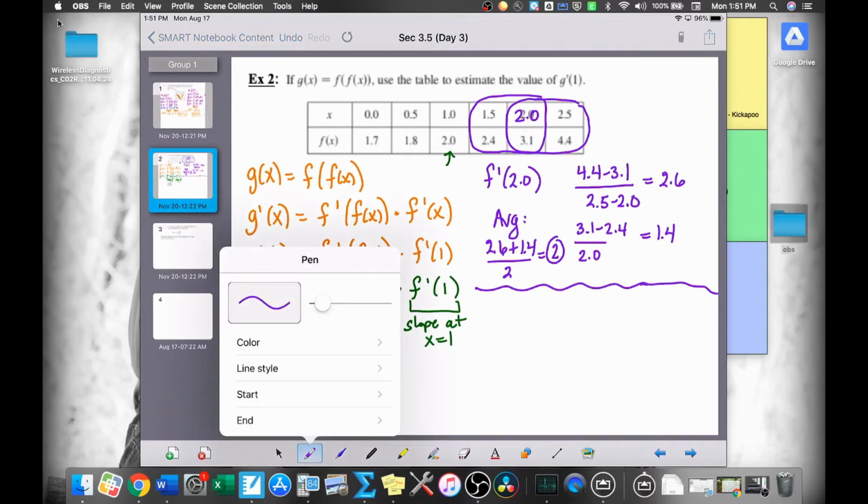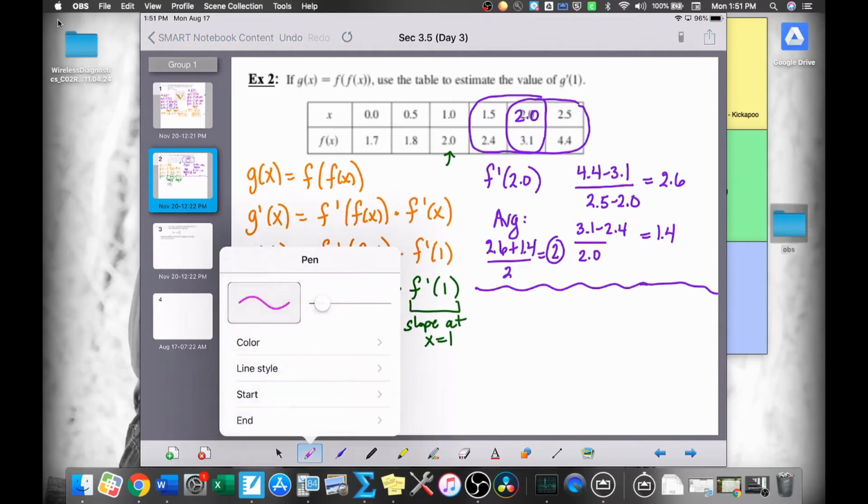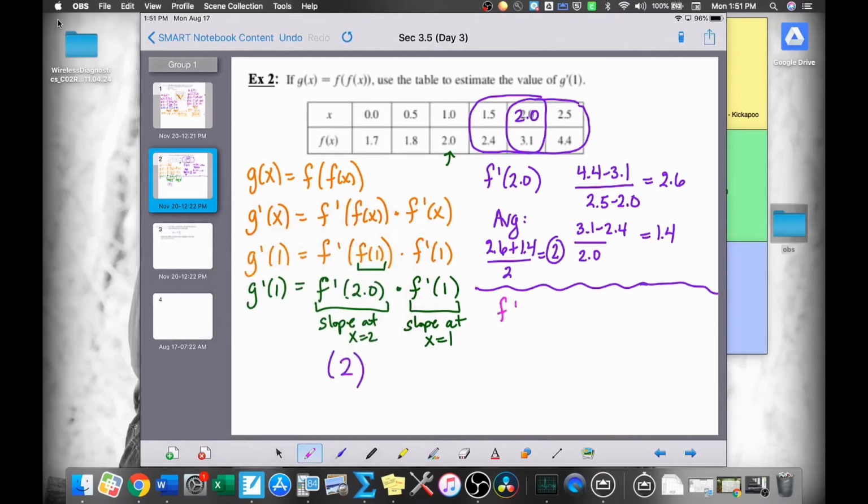Now I need to do the same thing for f prime of 1. So for f prime of 1.0, I need to choose some ordered pairs. Here's my 1.0 right here. So I am going to use these 2 points to find my first slope. I'll do it right now. 2.4 minus 2.0 divided by 1.5 minus 1.0.